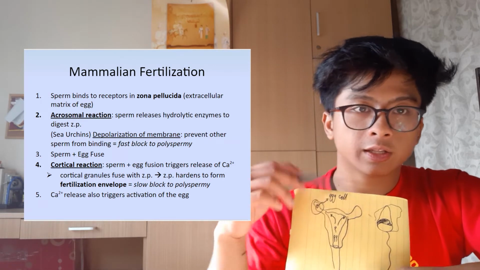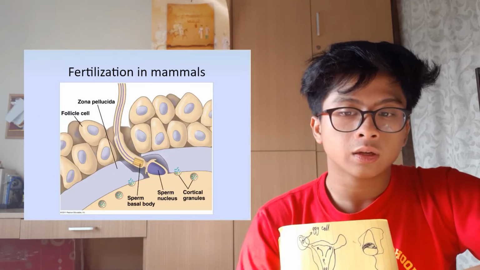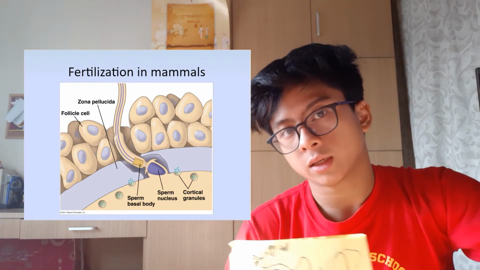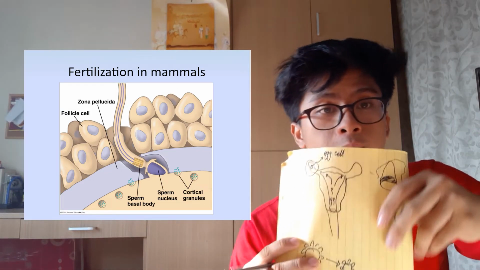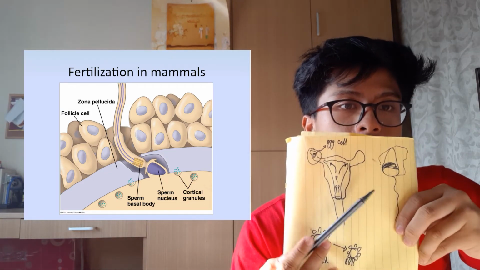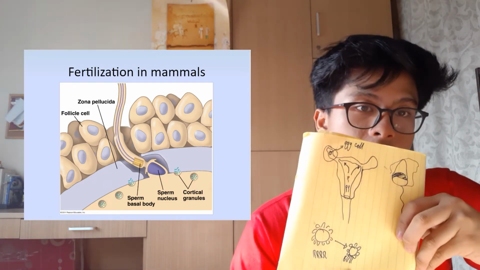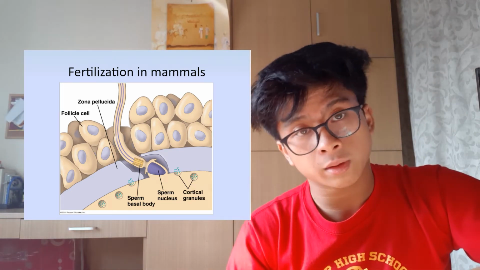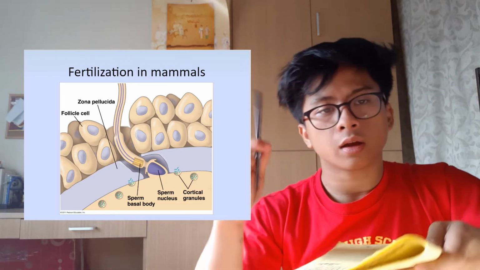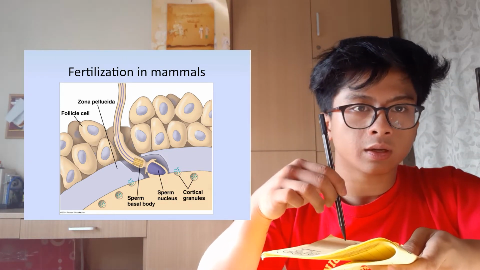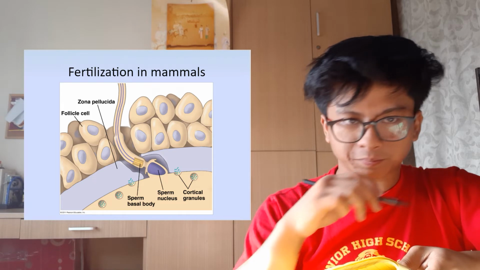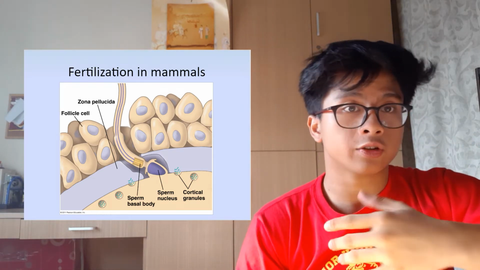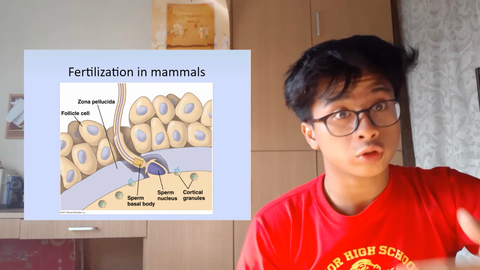I will be discussing polyspermy after the fertilization of the egg. So finally, the sperm cell reaches the egg cell. The inner membrane pushes the sperm cell inside and fuses itself, and then the egg cell is finally considered fertilized.